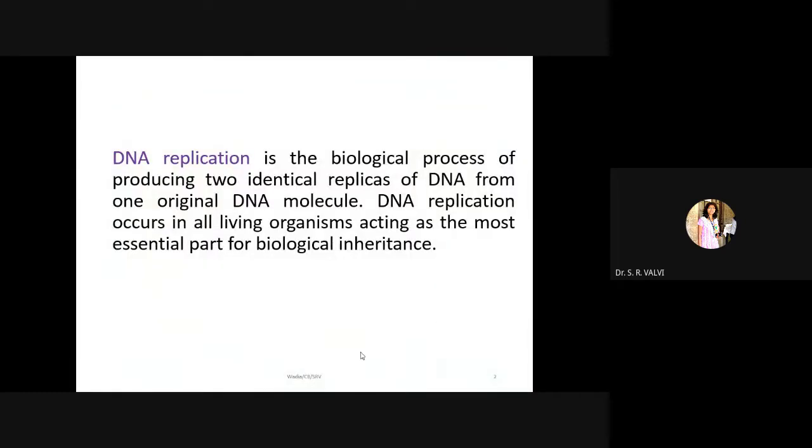DNA replication is the biological process of producing two identical replicas of DNA from the original DNA molecule, right? Suppose this is DNA. From this DNA we are going to have our new DNA.